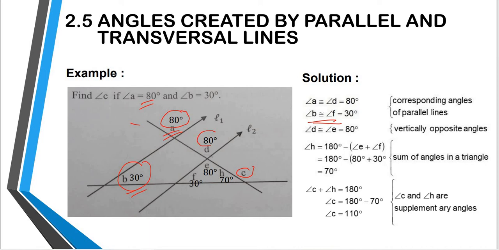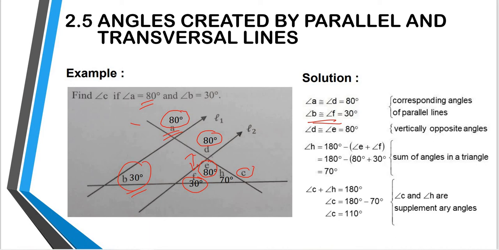So this one kita tahu dia 80 juga. And another rules of parallel and transversal line, kalau B 30, F also 30 kan? Lepas tu apa lagi yang kita boleh denote? So since D adalah 80, E also adalah 80 sebab dia angle yang bertentangan kan?